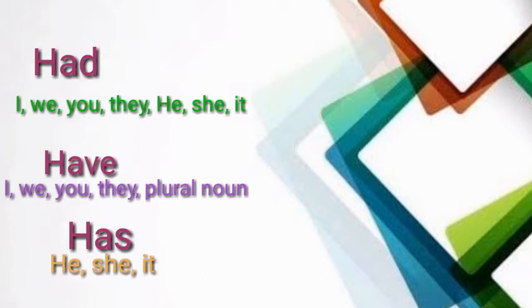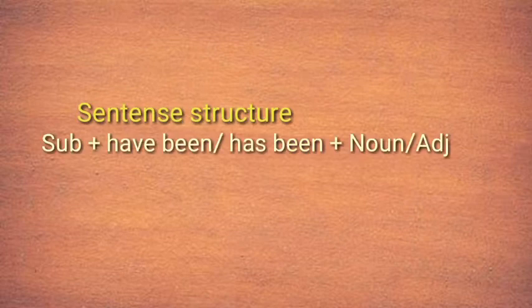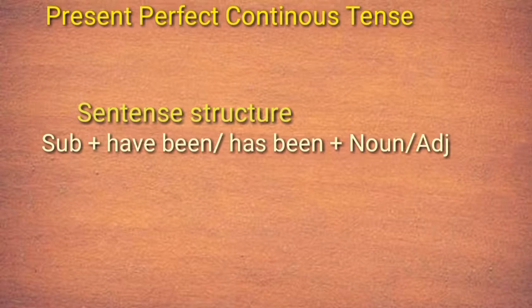Now let's see our sentence structure for how to use have been, has been, had been. The first sentence structure is subject plus have been or has been plus noun or adjective. This sentence is called present perfect continuous tense.